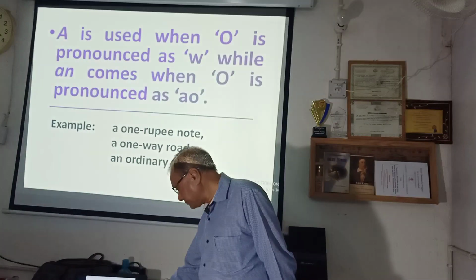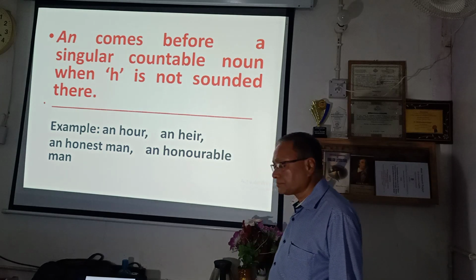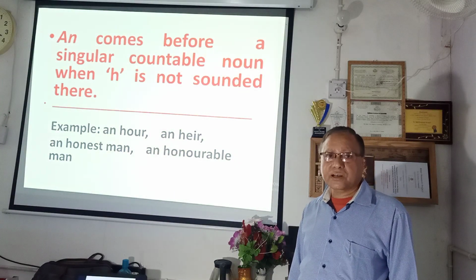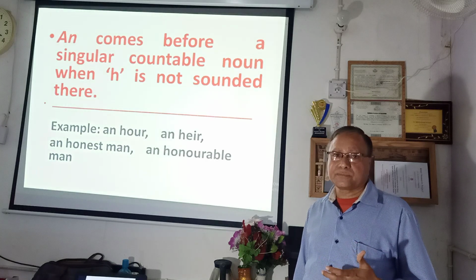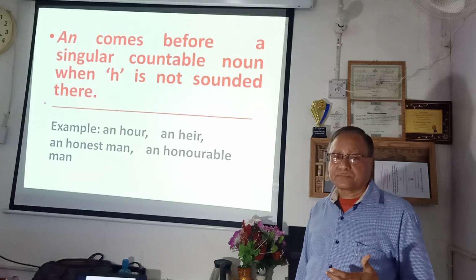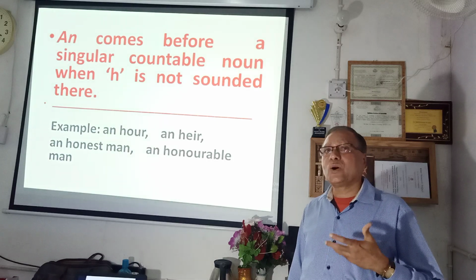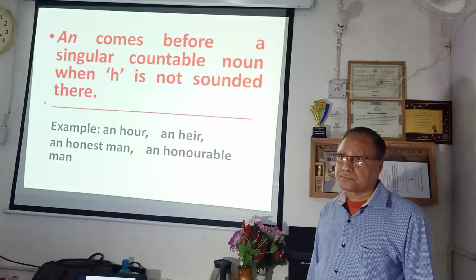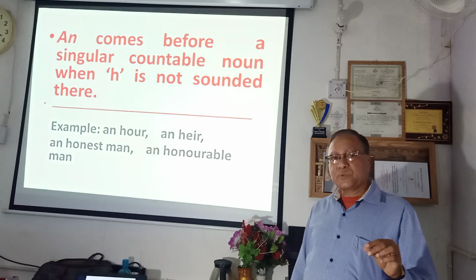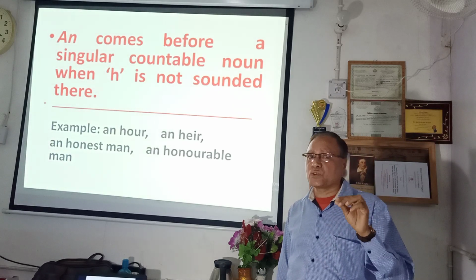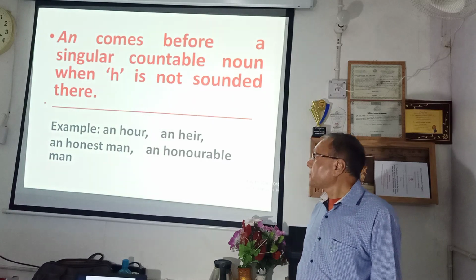Let's proceed. We have H, and H comes under the category of consonant. Its sound is always like H. But sometimes it is silent, I mean it is not sounded.